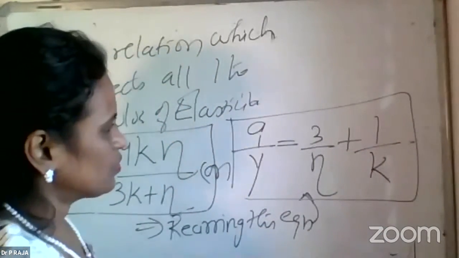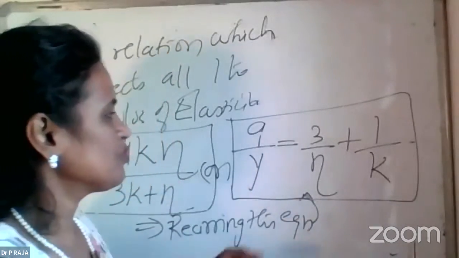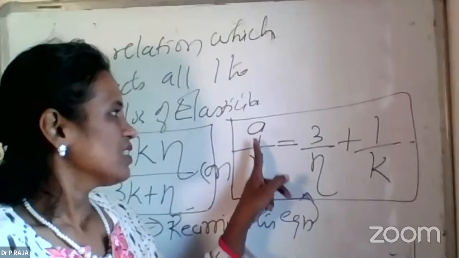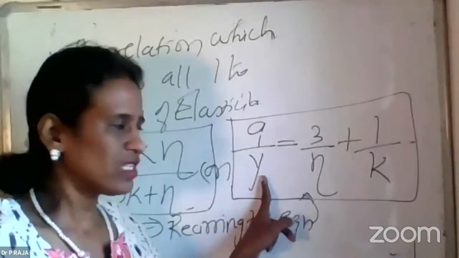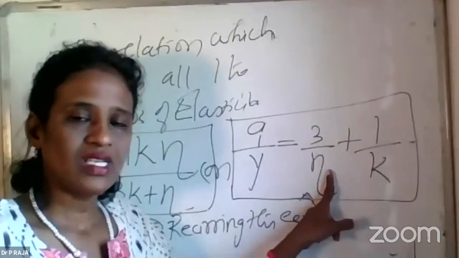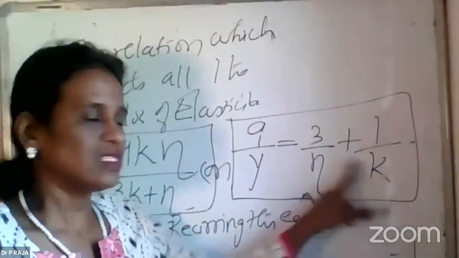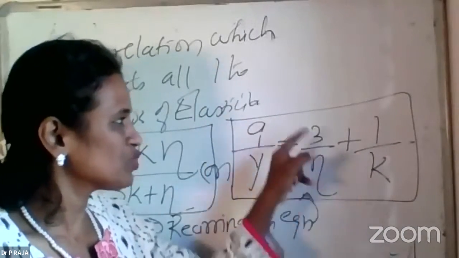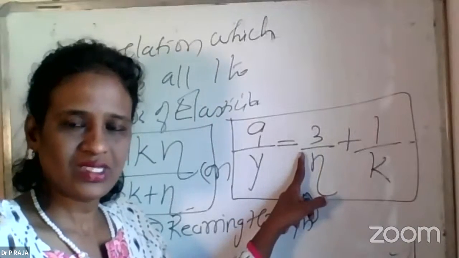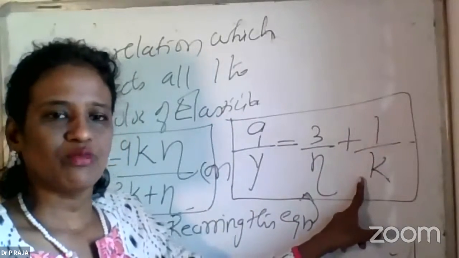That's all. So this is a way of writing the relationship. Now you see the numerator has some values, but the denominator has the Young's modulus on the left hand side, connected to the modulus of rigidity and bulk modulus. In this way, 9 divided by Young's modulus will be equivalent to 3 divided by the rigidity modulus plus 1 divided by the bulk modulus.